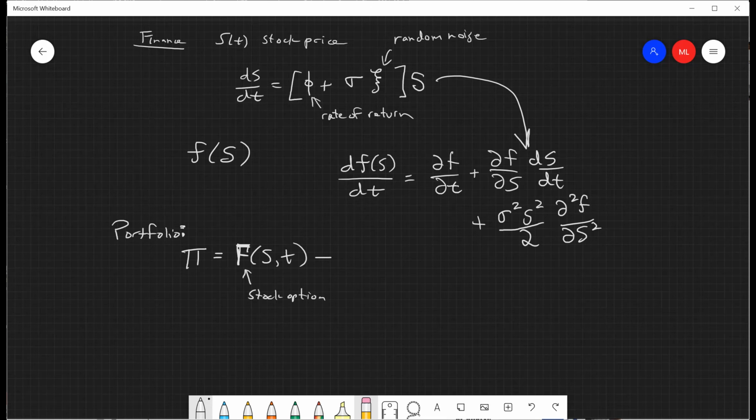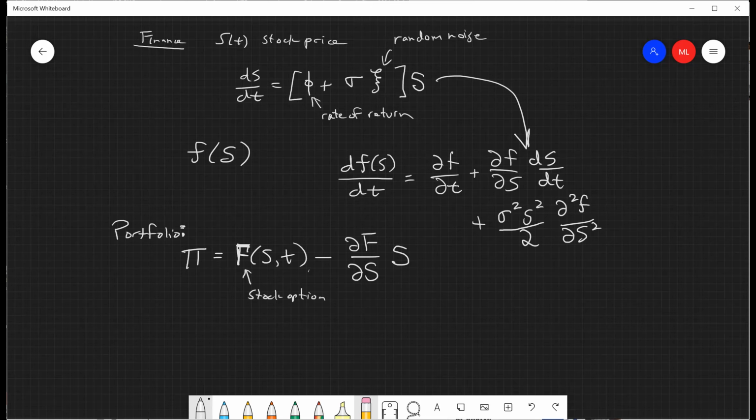So you can do a hedge where the portfolio consists of a stock option plus something that depends on the rate at which the stock option changes with the value of the underlying. And you subtract off that rate times, you buy an amount of stock proportional to that rate of change of F. And that actually allows you to hedge things in such a way that you don't end up losing anything due to volatility in the stock price.